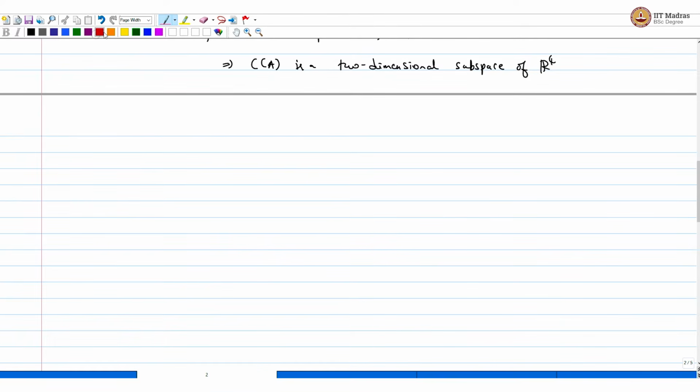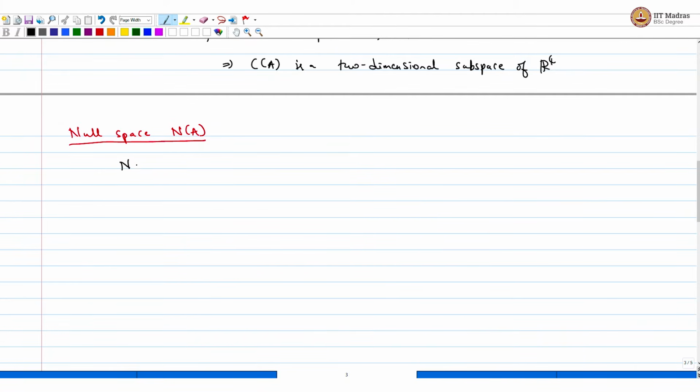Now the very next subspace which is important is the null space. So the null space of A is the set of all x such that Ax equals 0. Now why is N of A a subspace? What are the two conditions that you want to verify?